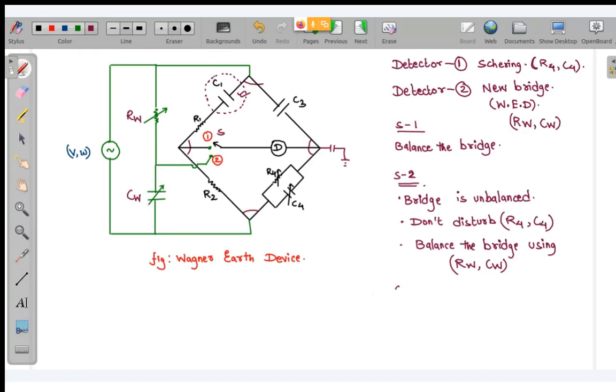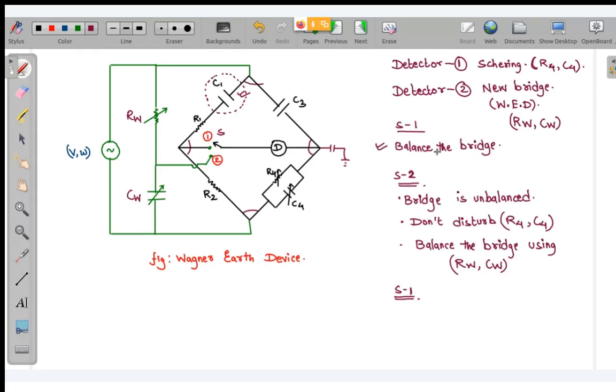Now what we do? Once again, we change it to S1. Now, the moment we change it to S1, what will happen? Once again, this bridge will be unbalanced, but the unbalance will be slightly less compared to the earlier S1.